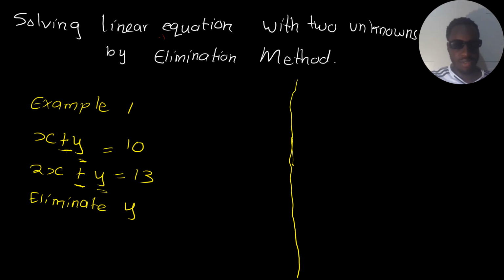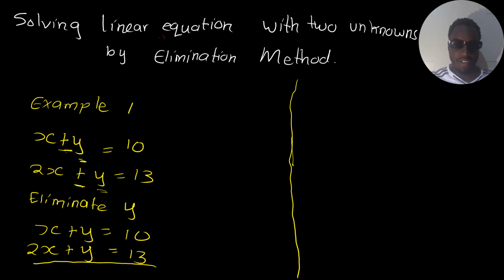So you have to write the two equations. x plus y is equal to 10. 2x plus y is equal to 13. I've said when they have the same sign, we subtract. So that is the first step. When you subtract x minus 2x, you get negative x.